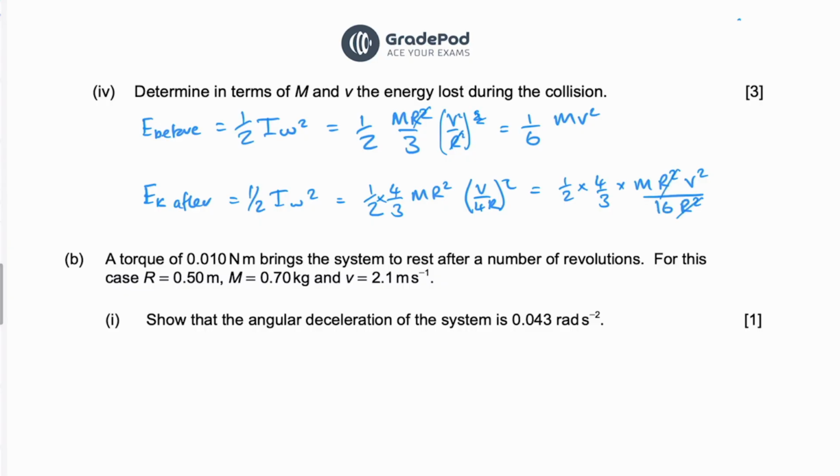That cancels, and a half times a 16th times 4 over 3 gives us 1 over 24 mv squared. So our change in kinetic energy is the EK before minus the EK after, which is 1 over 6 mv squared minus 1 over 24 mv squared, and that gives us a value of 1 over 8 mv squared. Again, quite a lot of marks, but that was 3 marks this time, so I feel like it was worth it.